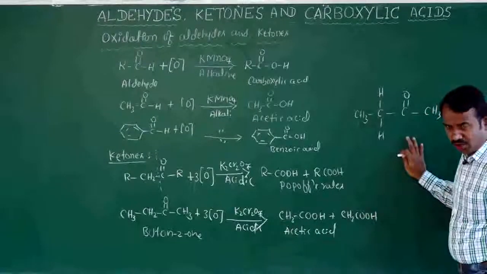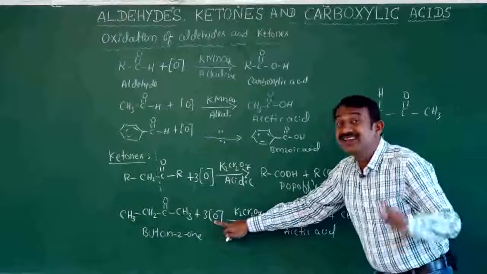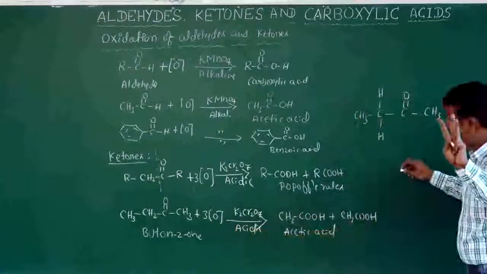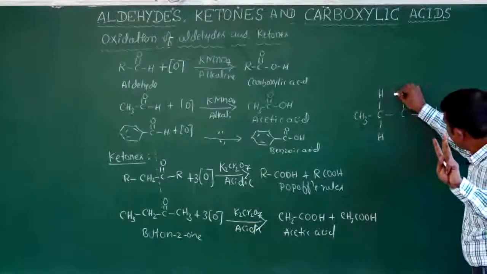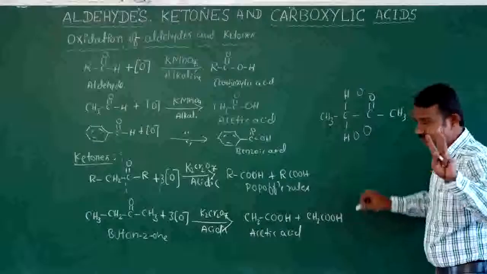This is butanone. Butanone is oxidized with potassium dichromate. How many oxygens does it take? Three oxygens. I add 3 oxygens: 1, 2, 3.